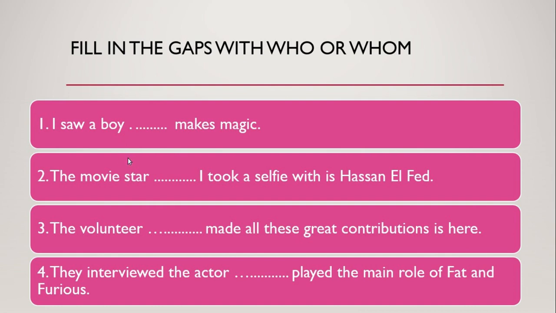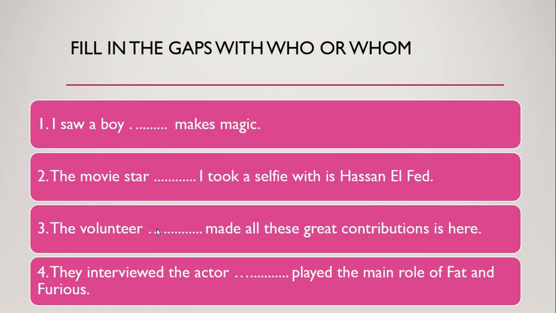Okay, good. So number 1, I saw a boy who makes magic. We have a verb here, so we can't use whom. The movie star whom I took a selfie with is Hassan Fat. So we have here a pronoun, remember, so we say whom.